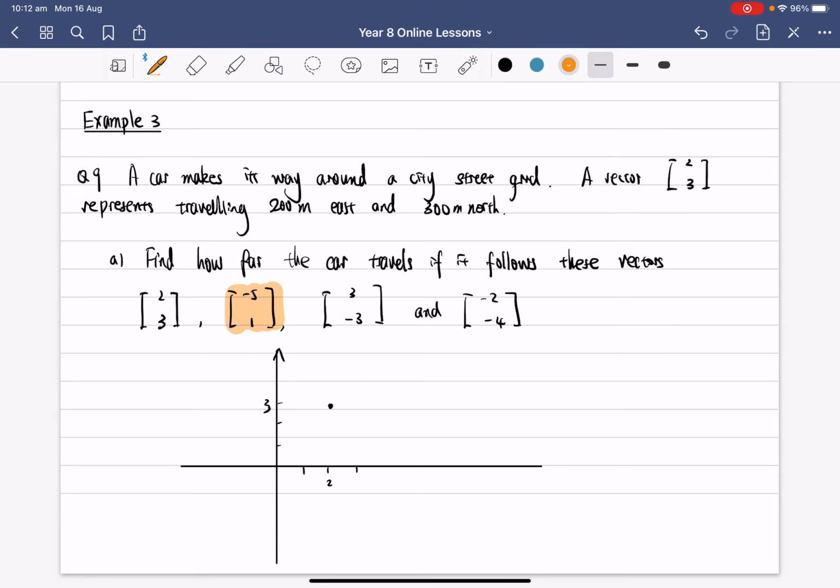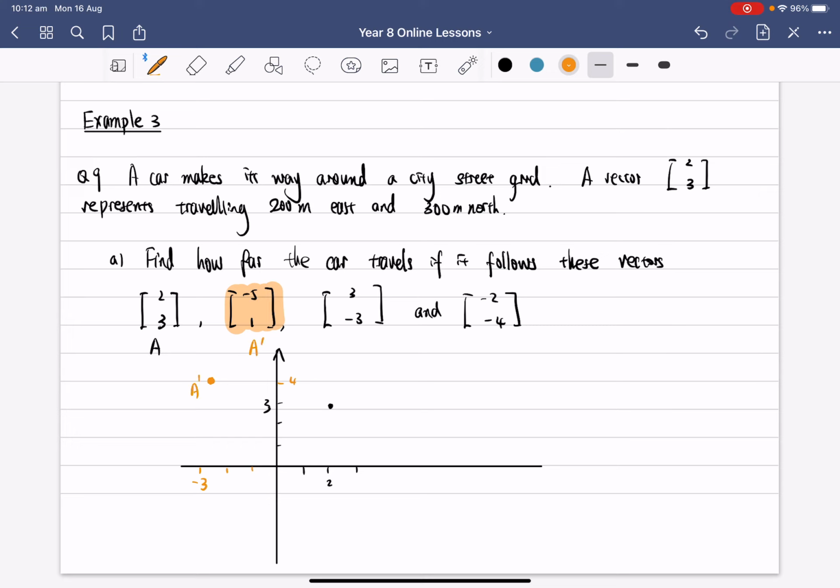So that goes to -3. And that's the point, and now it's traveling up by 1 unit, 100 meters. So now this point is the second location for the car. If we call this point A, the point here is going to be A dash.